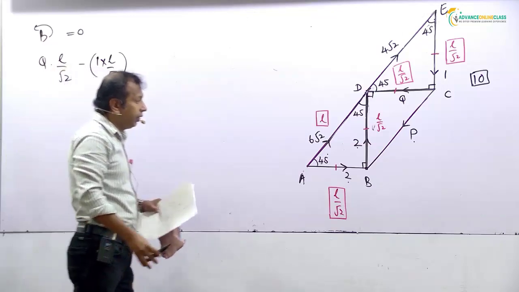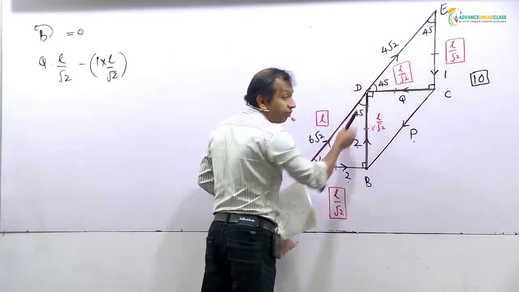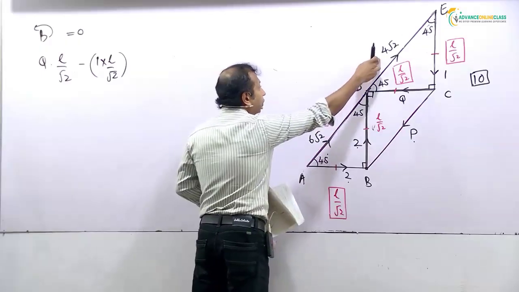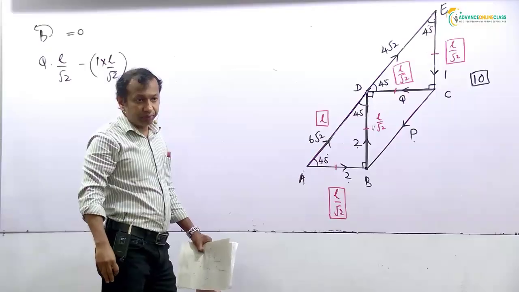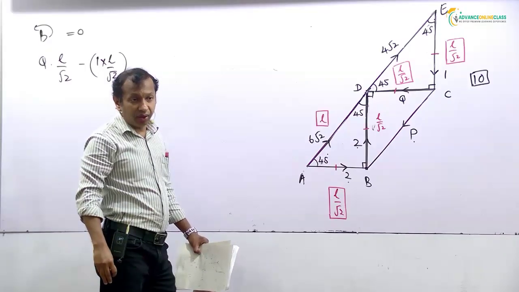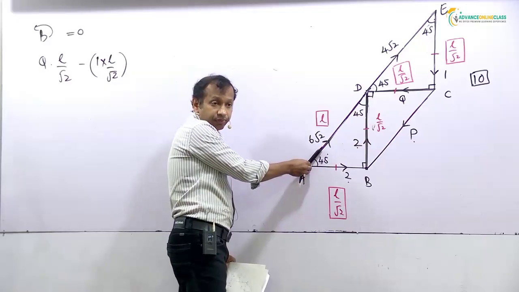Now, people, here this 6 root 2 line and 4 root 2 line same. We can take 10 root 2. That 10 root 2, now we can assume acts here.